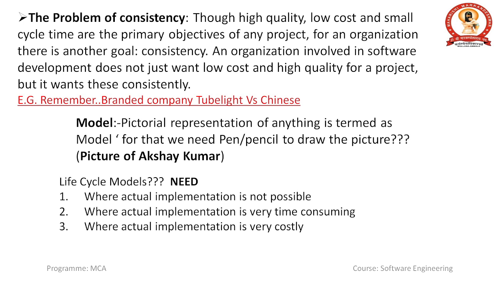For checking consistency, I will quote one example: the branded tube light versus the Chinese tube light. In the same parameters, most of us use a branded tube light because of the consistent criteria of companies like Osram or Philips, right? They have a consistent criterion for that tube light.